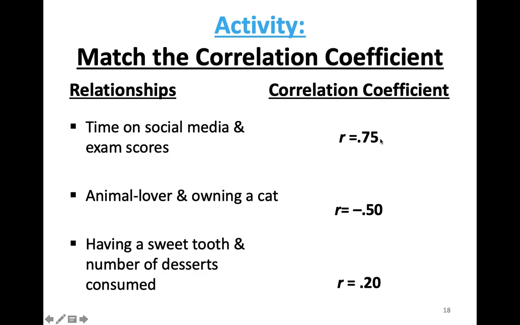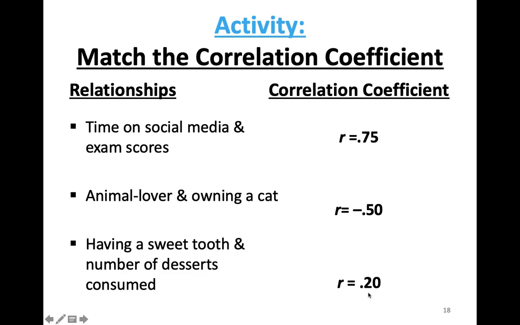Well, let's take a look at our choices here. The first correlation is positive 0.75, so we've got a strong positive correlation. In this case, correlation of negative 0.5, we've got still a pretty strong, kind of a moderate to strong negative correlation.